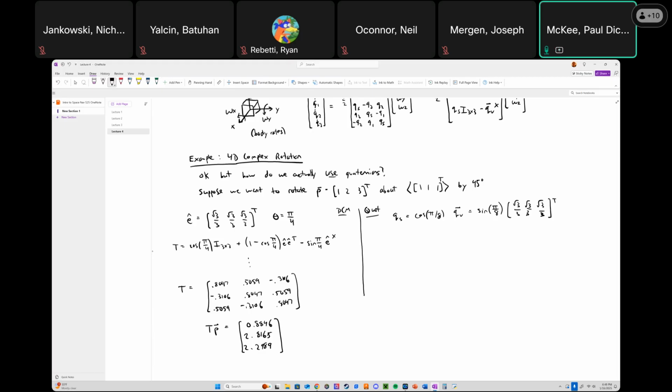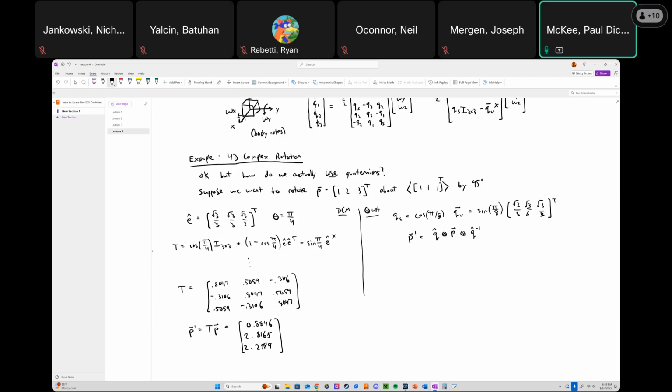Now here's the way we do quaternion rotation. The new term, so I guess we'll call this P prime for now, P prime is not the quaternion multiplied by P. You actually need to make a sandwich out of it. So it's actually going to be Q, the quaternion, multiplied by P, and then multiplied by Q inverse.